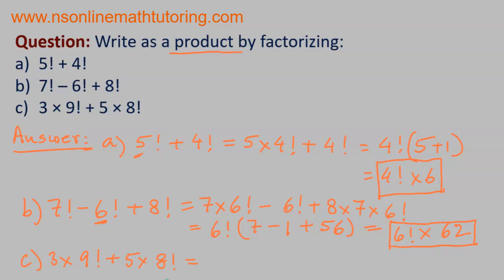Okay. So, this is 3 times 9 times 8 factorial plus 5 times 8 factorial, which is equal to 8 factorial taken out as the common factor, and it is 3 times 9 is 27. So, it is 27 plus 5 from the second term.